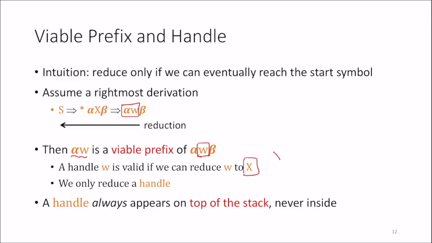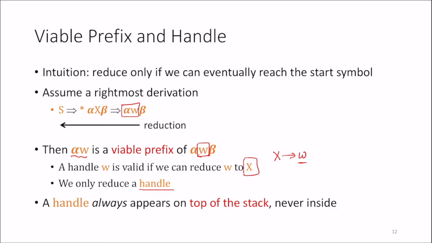This is true if there is a rule x goes to w. So in the context-free grammar, we have a rule x goes to w, and we can recognize when to do a reduce. So this is a valid reduce action. And the w itself, this part over here, is called a handle. A handle just means that's the right-hand side of some rule where we want to replace it with the left-hand side.